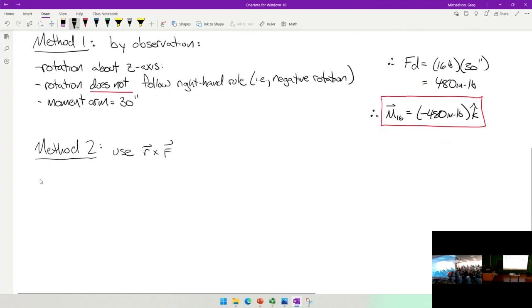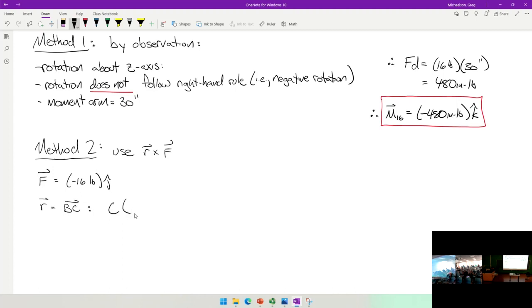So F is just negative 16j, and R equals, in this case, BC. So we take the coordinates of point C, we take the coordinates of point B, and we get 30, negative 10, 0.